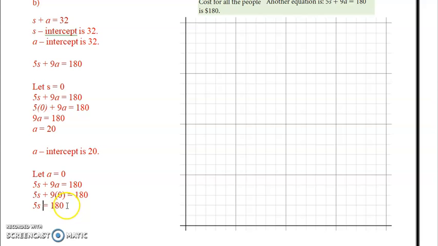Divide both sides by 5, and you get s equals 180 divided by 5, which would obviously be 36, right? And there's the other intercept. So your s-intercept would be 36.